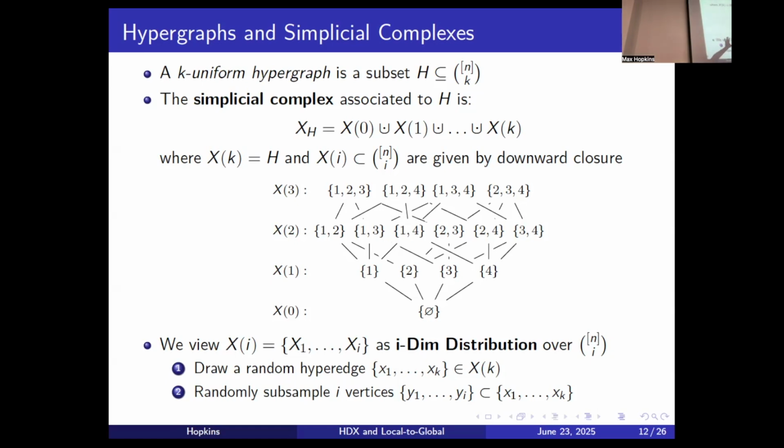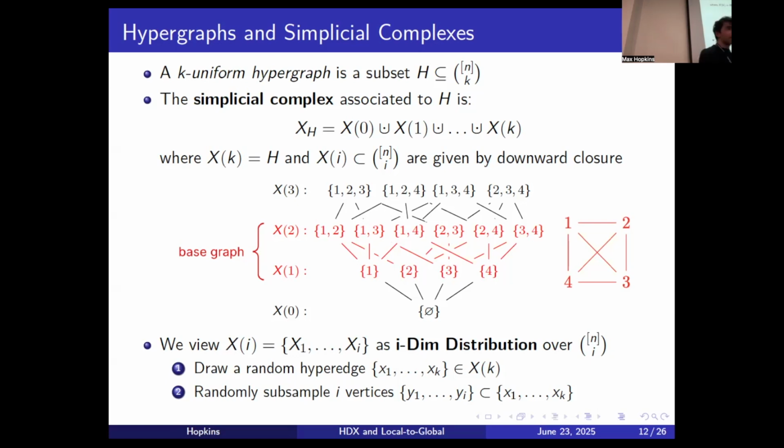There's one more thing I want to mention in this diagram, which is that if we cut everything off above X2, if we just look at the set of edges and vertices of this complex, we get its corresponding base graph. This is the complete complex, so you can see its base graph has vertices 1, 2, 3, and 4, and it has every possible edge. So here the base graph is K4, encoding the fact that every possible pair of elements appear together in a hyperedge.